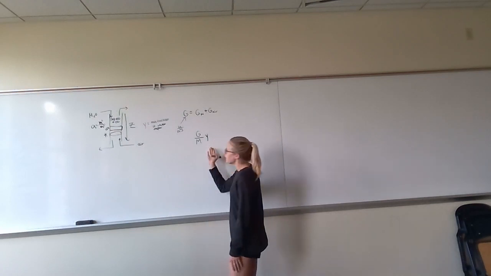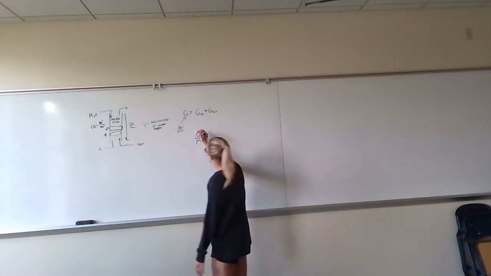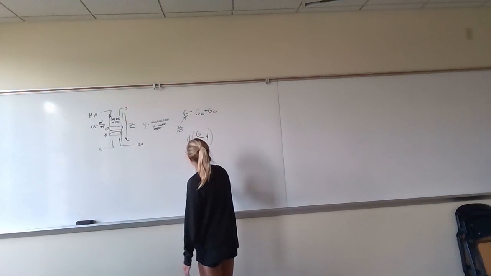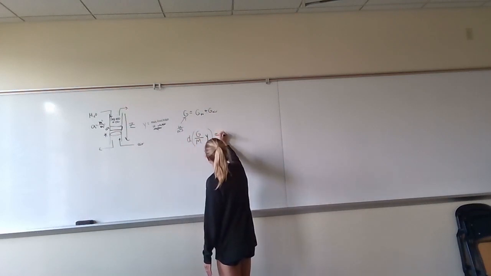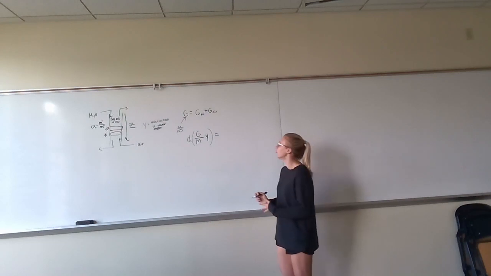So we're looking for how the mole fraction changes with position. So I'm going to take the derivative of this side, and I'm going to set this equal to the right side of the equation that we're going to take a look at now.